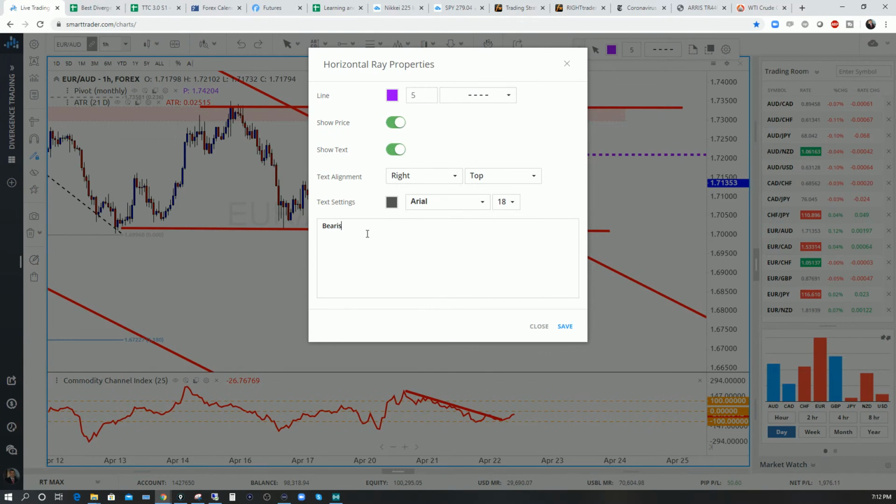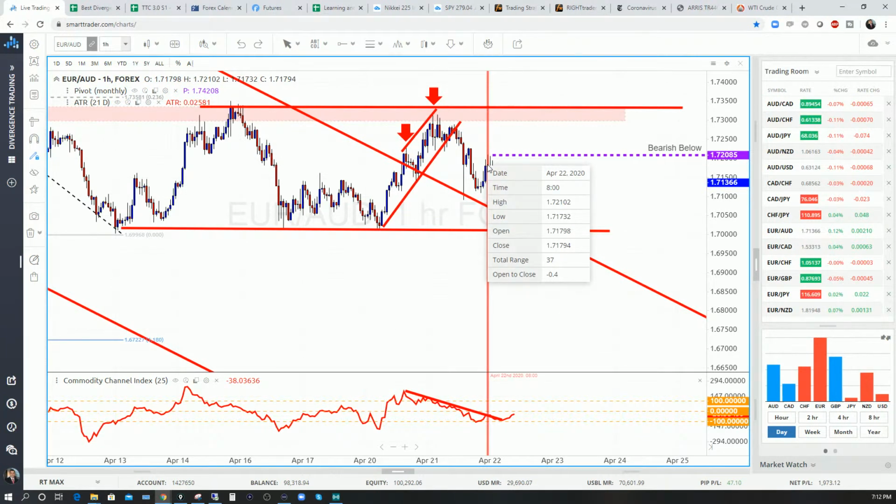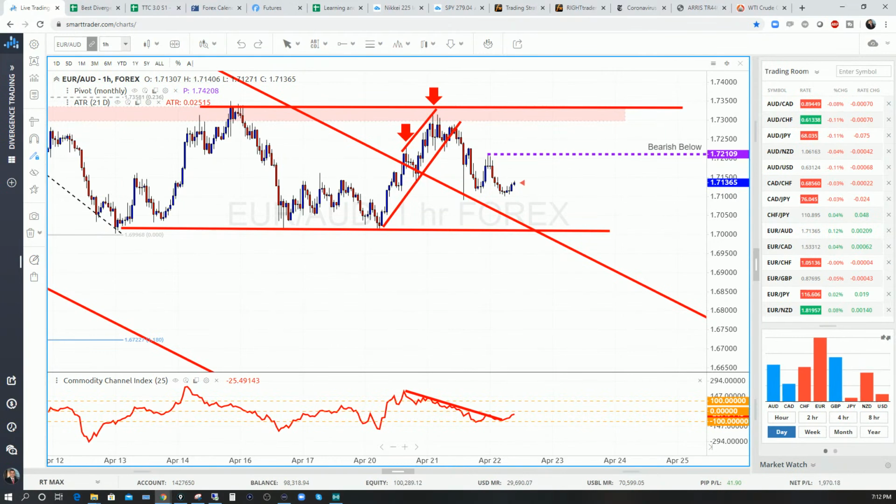So bearish below, and that level is priced at 72.09. As long as price trades below, let's double check that high. 72.10. So as long as price stays below 72.10, we're going to sell.